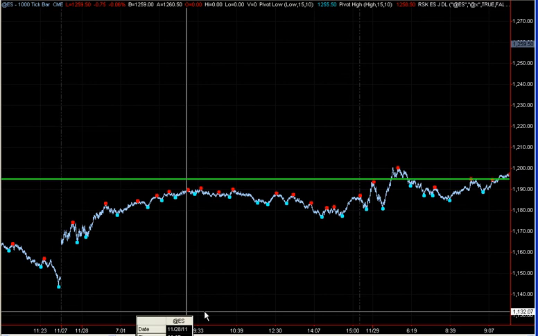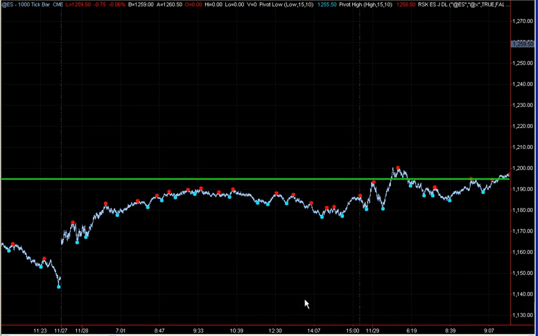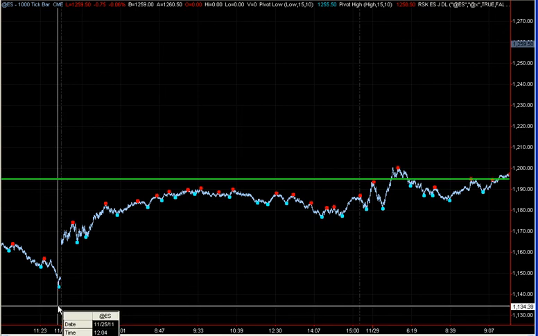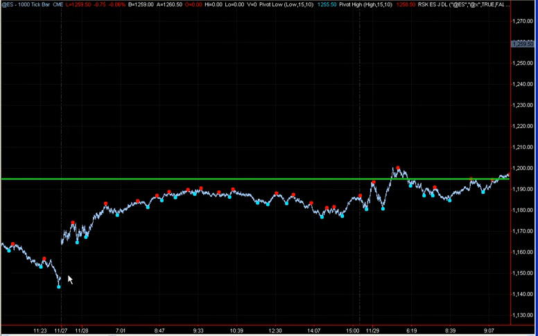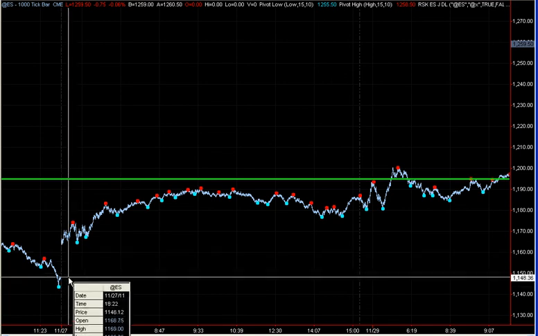Now, bearing in mind that this is, in fact, a 1,000 tick bar chart, there was a huge gap between the open here and the previous close right around the Thanksgiving Day holiday.